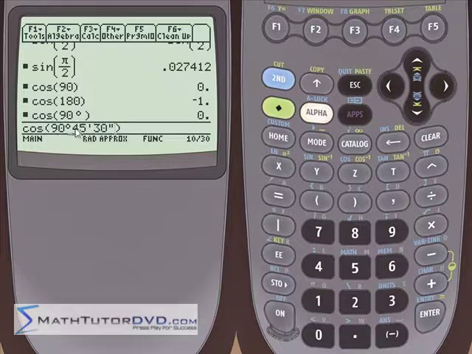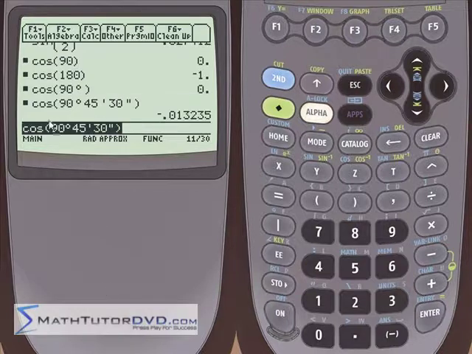So this is 90 degrees, 45 minutes, 30 seconds. Even though I'm in Radian mode, it knows, because I'm explicitly telling it, to treat this as degrees, minutes, and seconds. So when I hit enter, it's going to calculate that and give me the cosine of negative 0.0132, and so on.